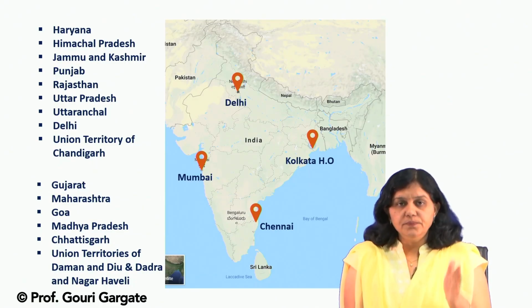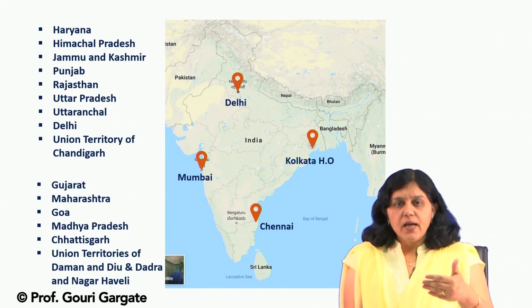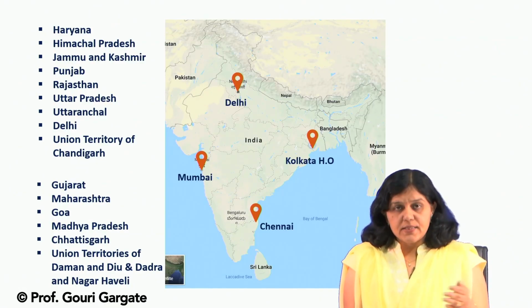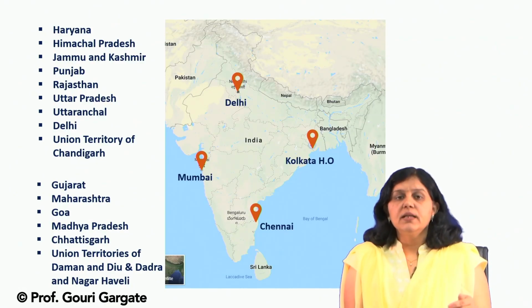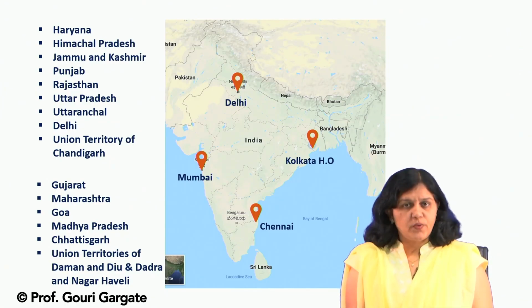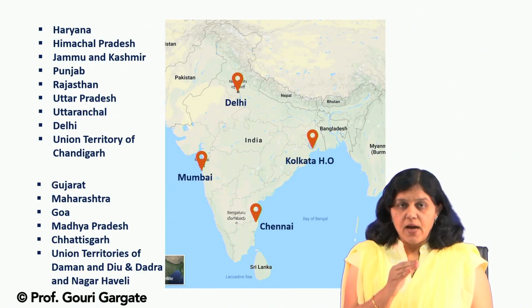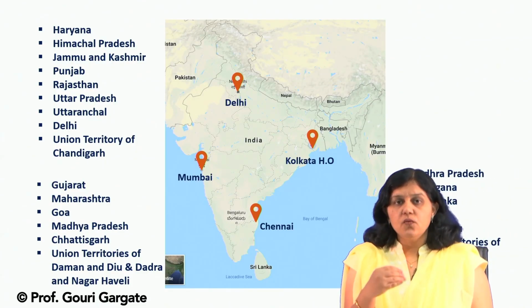So, this is the jurisdiction for the Mumbai Patent Office, and if any applicant has an address in these areas, obviously his application number will be 20182.